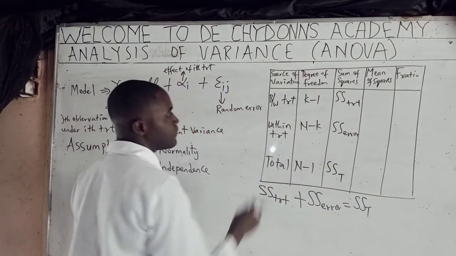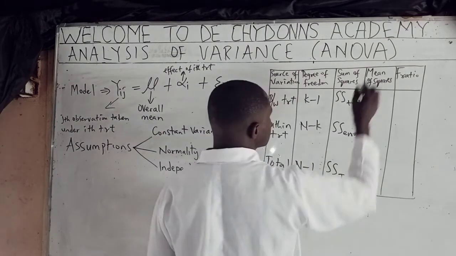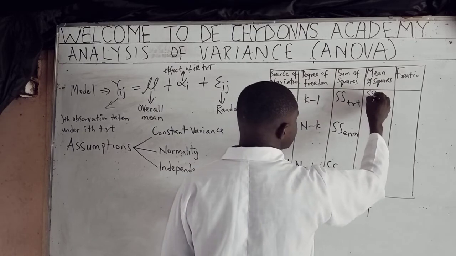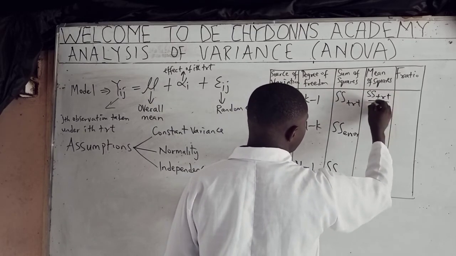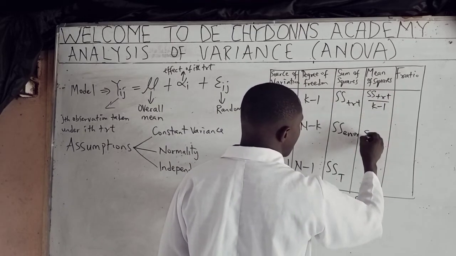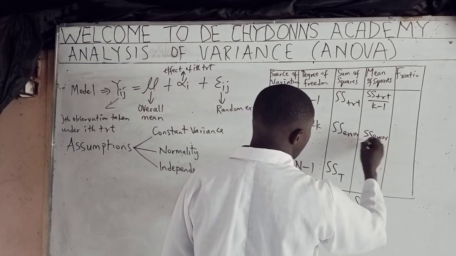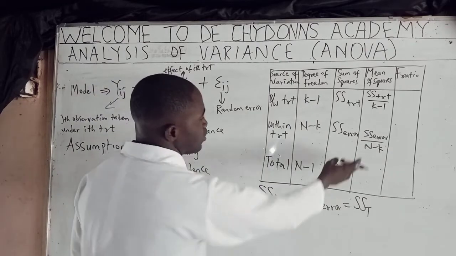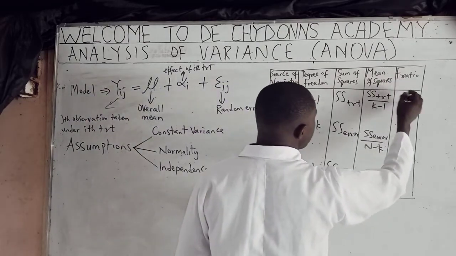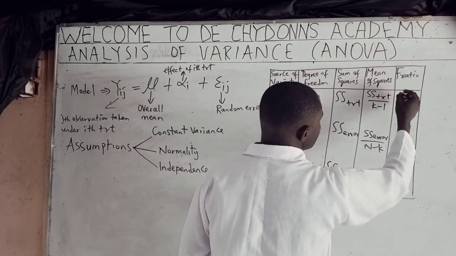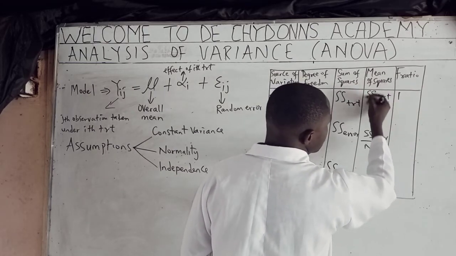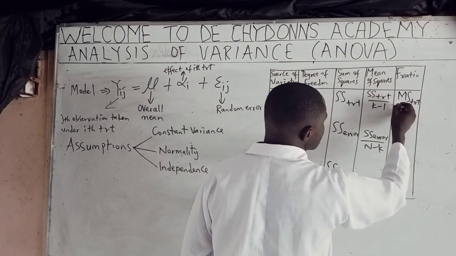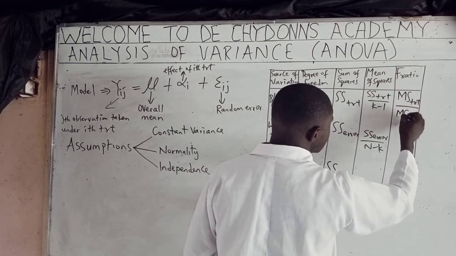Mean of squares means SS treatment all over k minus 1, and SS error all over n minus k for within treatment. Then F ratio means MS treatment all over MS error.